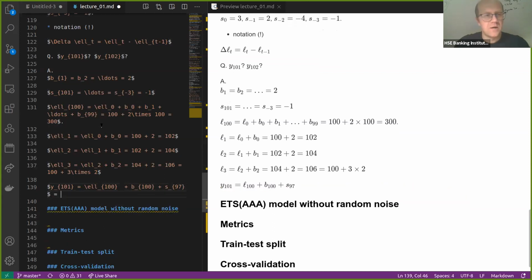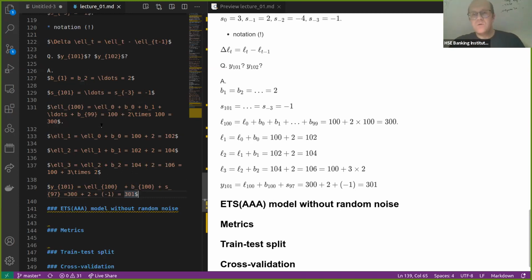And basically we have 300 plus 2 minus 1. And finally we have 301. Okay, the dynamics in the deterministic case, is it clear?